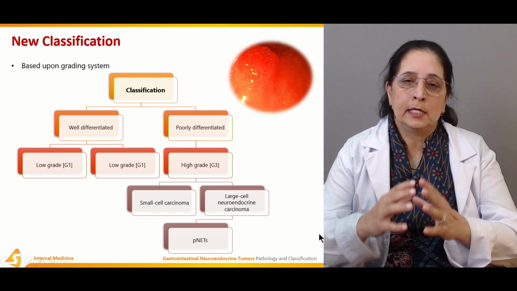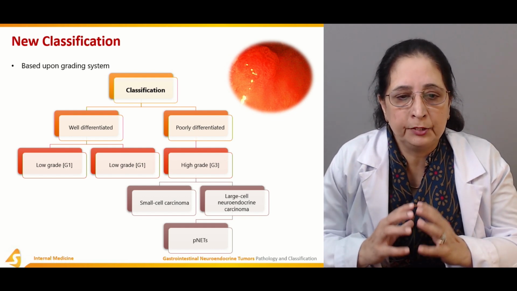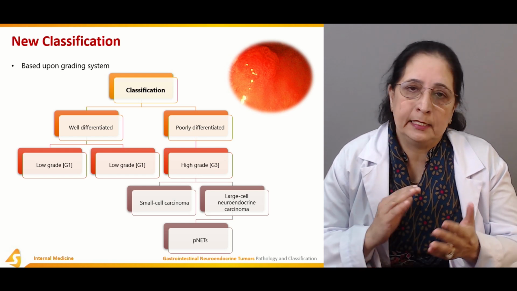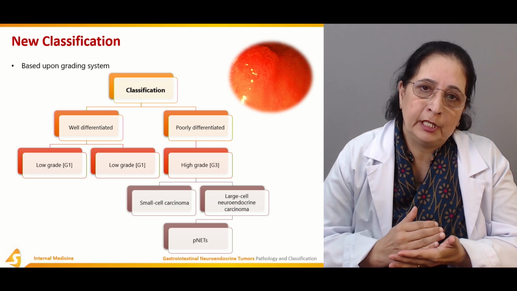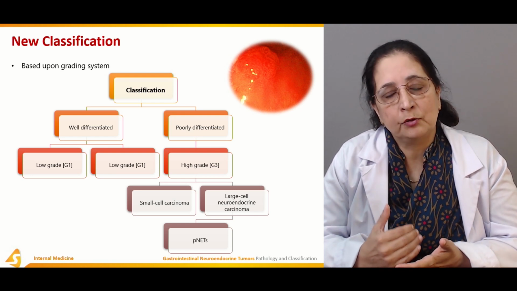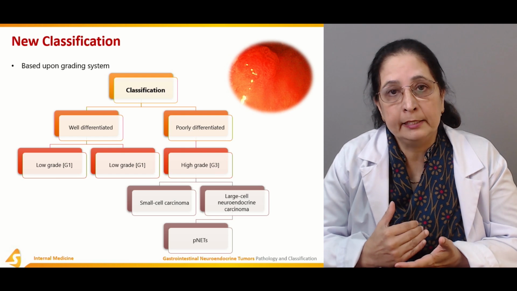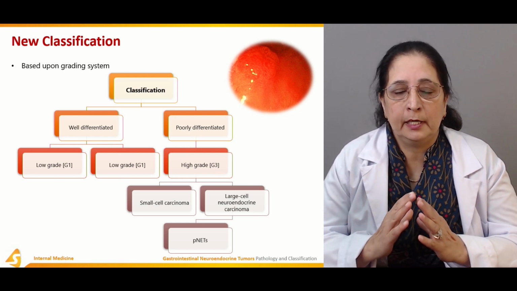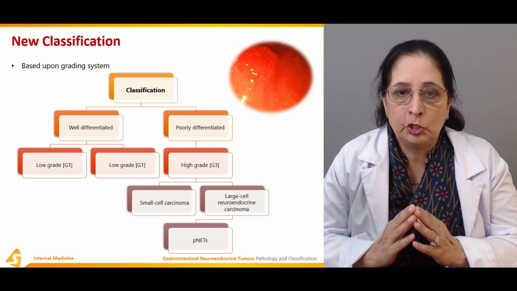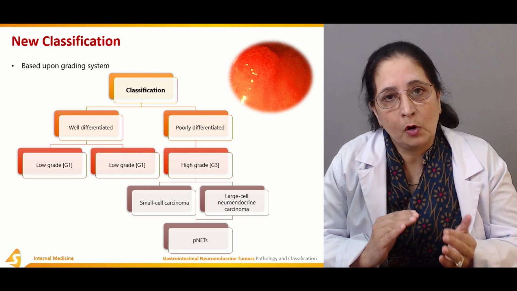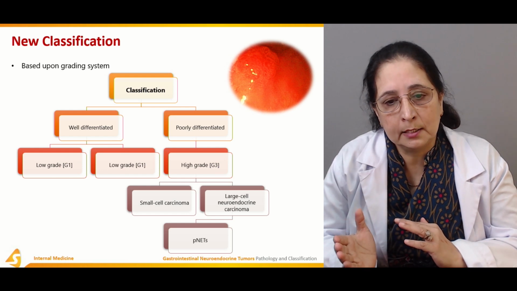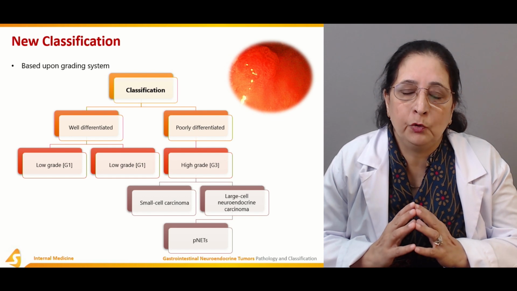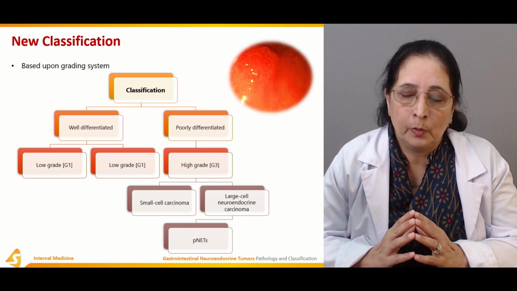So the new classification is based on the differentiation of the cells. If they are well differentiated, it is a low grade gastrointestinal tumor. But if it's poorly differentiated, it's called a high grade tumor, and they can be small cell tumor or large cell tumor.